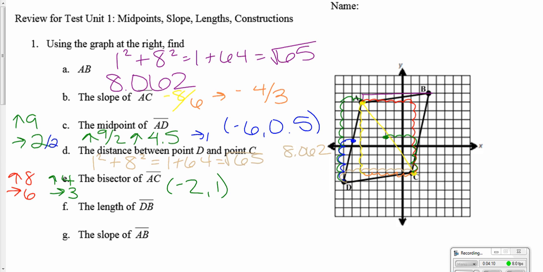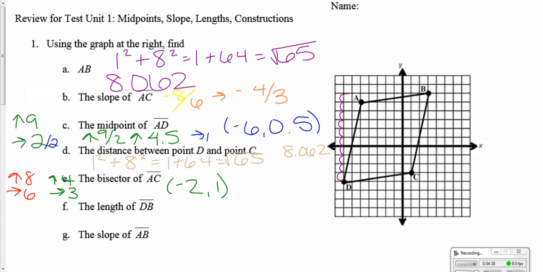All right, so then the length of DB. I'm going to erase the picture just so we can get some clear views of what we're doing. If you need, as we're working, if you need to go back and you need to re-explain it, just pause the video, rewind, play it again. All right, so the length of DB. I have to go up 1, 2, 3, 4, 5.